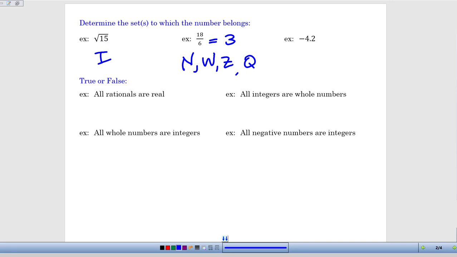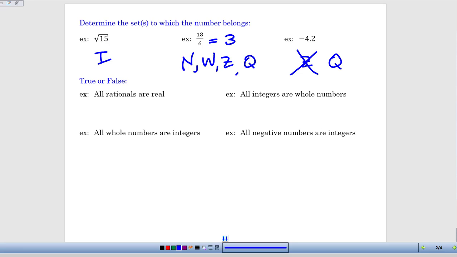For the last example, negative 4.2, we may be tempted to say that that one is an integer, but recall that the integers, although that's where we introduce the negatives for the first time, do not include decimals or fractions. So negative 4.2, as tempting as it might be, is not an integer. The only number set that it falls into is the rational numbers. So it is negative, but that's fine.